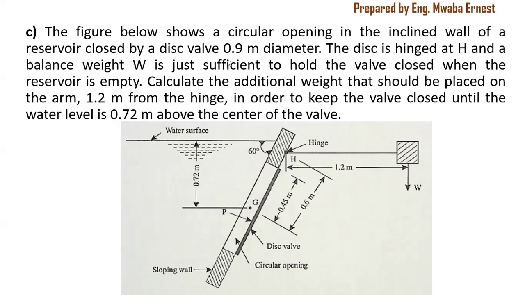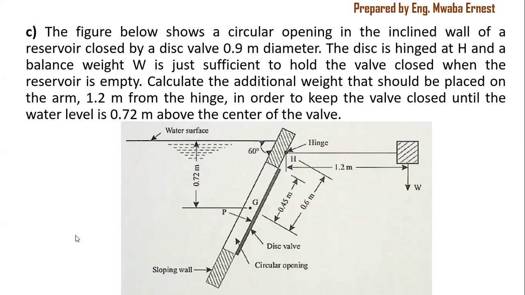So which one is our gate? It's here, the disc valve. So from there to there, that is 0.9 meters. That is also 0.72 from the free surface coming to the center of gravity of the body, which shows that this is already our x bar.